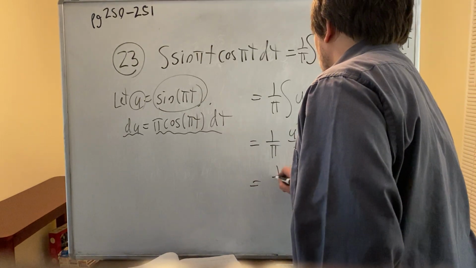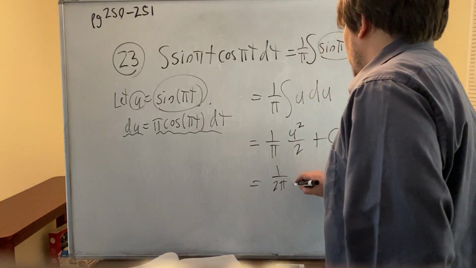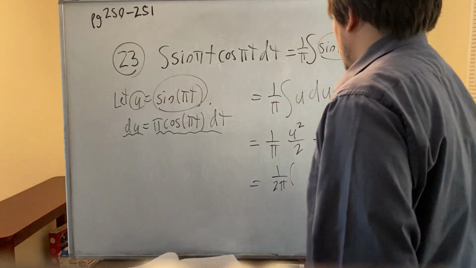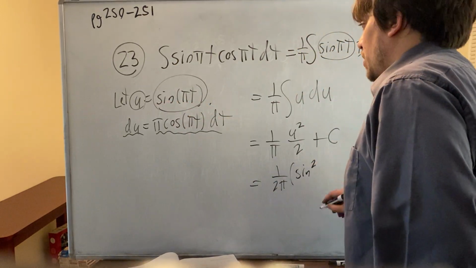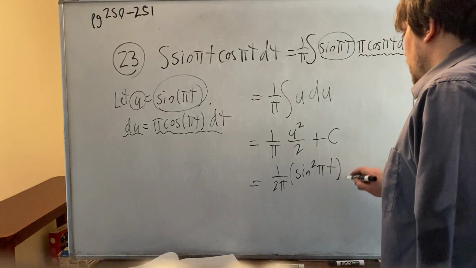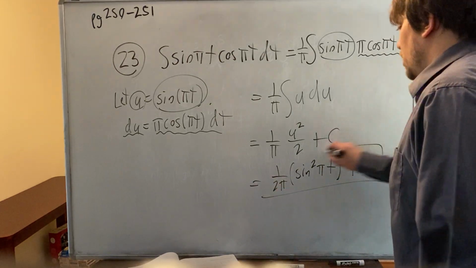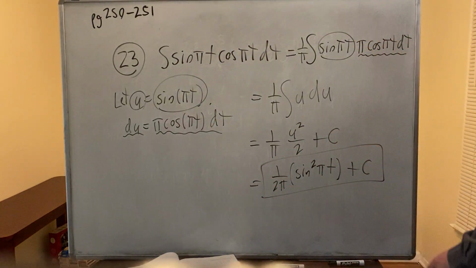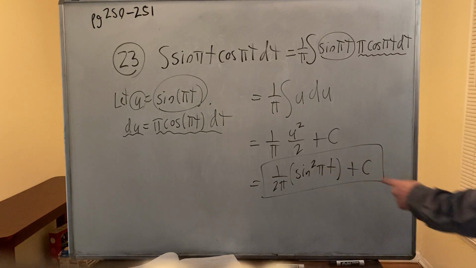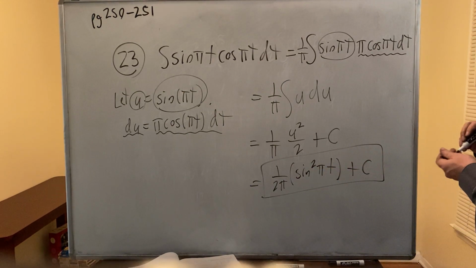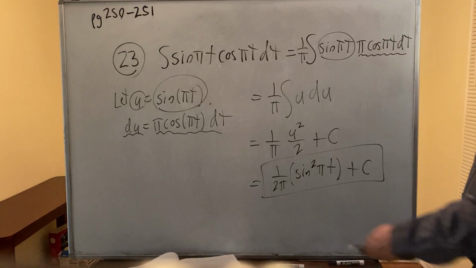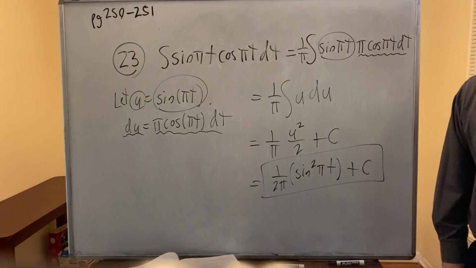This is equal to 1 over 2 pi times u squared, and u is sine pi t, so it's sine squared pi t plus c. And so the final answer is 1 over 2 pi times sine squared of pi t plus c, using u substitution where u is sine of pi t.